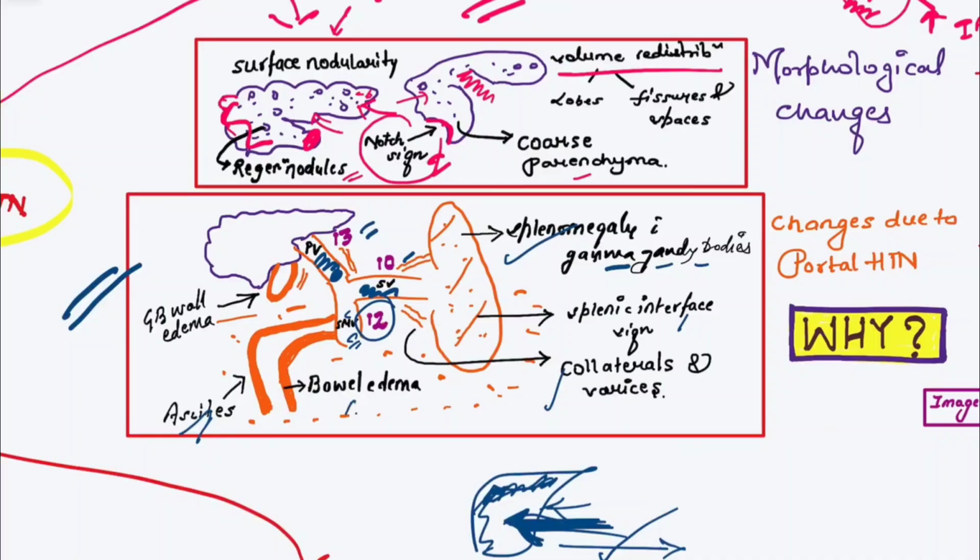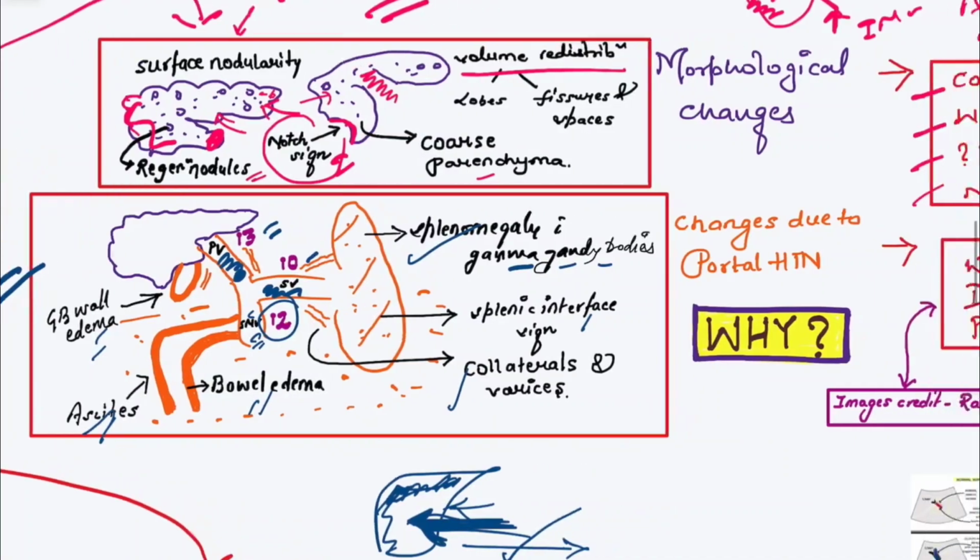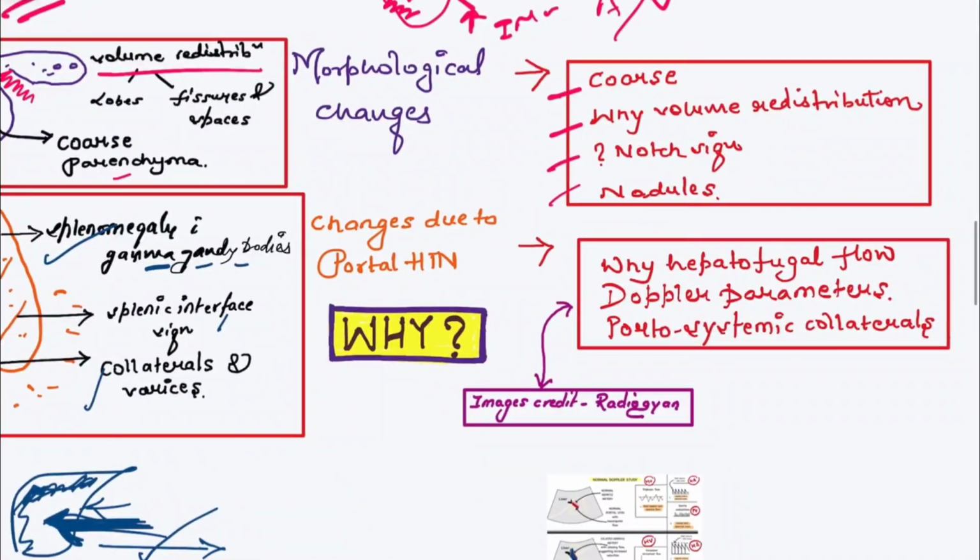Then there is bowel wall edema, especially of the large bowel loops, known as portal colopathy. There is GB wall edema, the reactive GB wall edema. All these changes in liver cirrhosis are due to portal hypertension. So now we know why there is hepatofugal flow, because there is so much pressure.